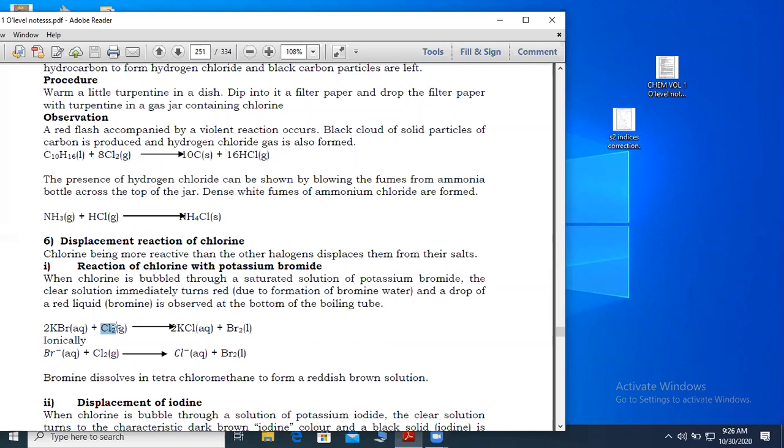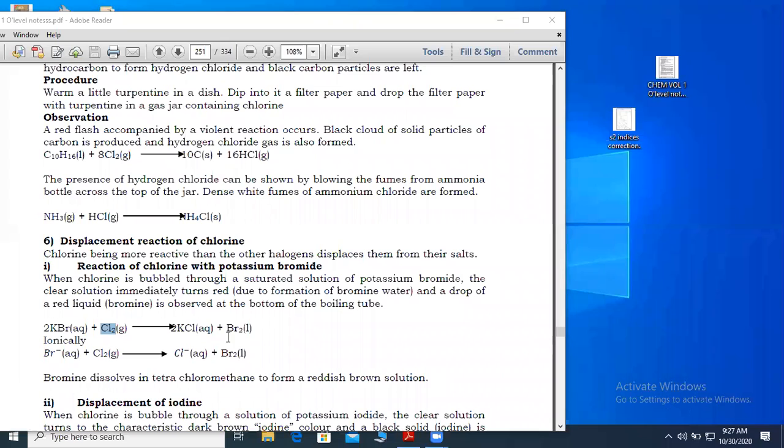Its symbol is F. It is followed by chlorine, symbol Cl. Followed by bromine, symbol Br. Followed by iodine, symbol I. So meaning chlorine gas displaces bromine and iodine. But bromine gas can also displace iodine.